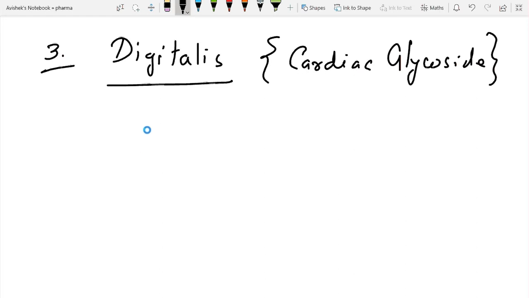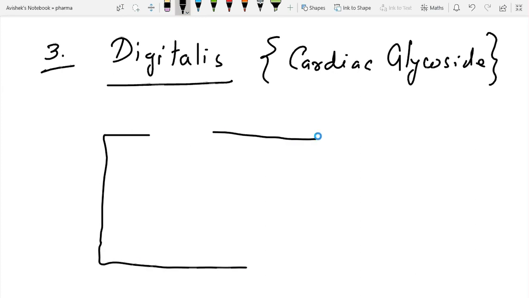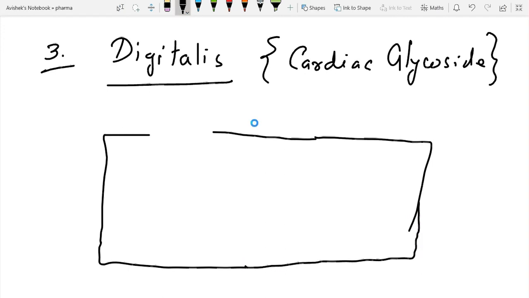Okay, again we'll see a heart cell but with more organelles. Let's draw some receptors. Pumps. There is a sodium pump, the sodium potassium pump.